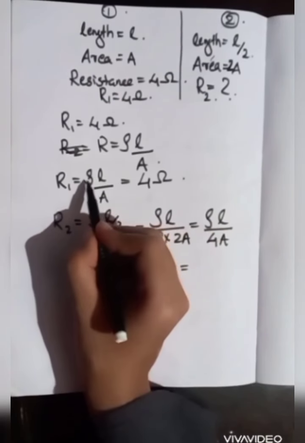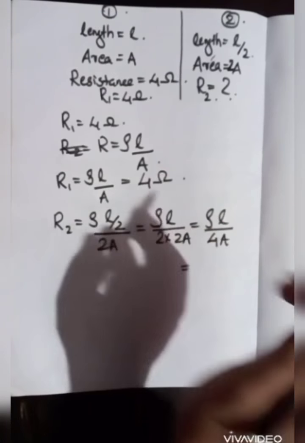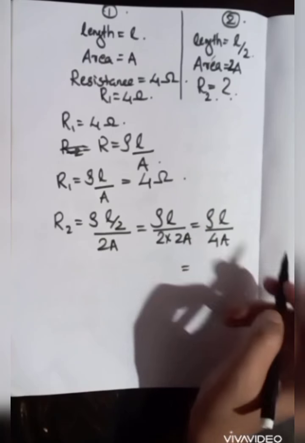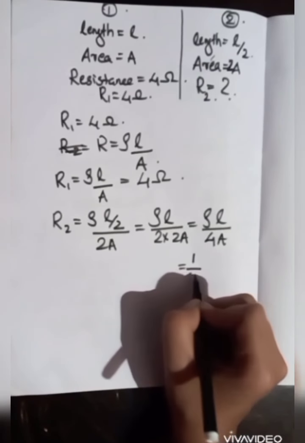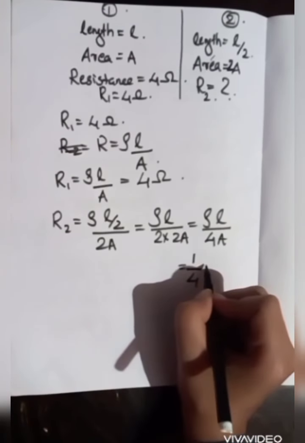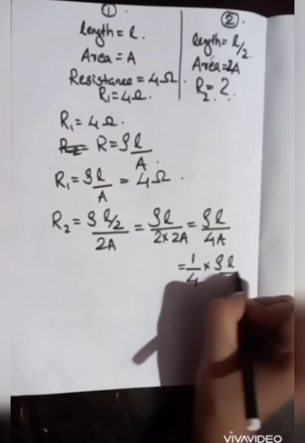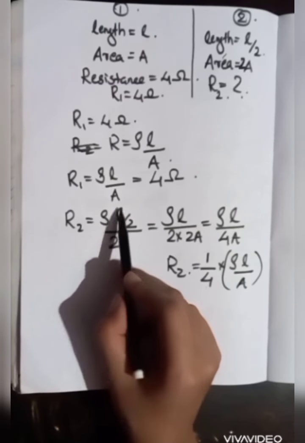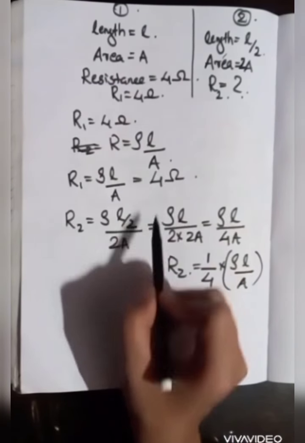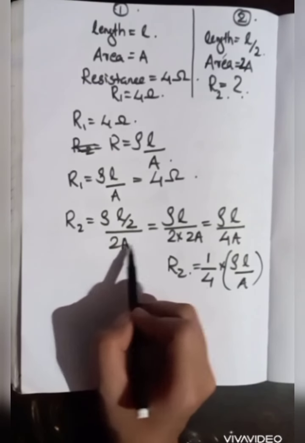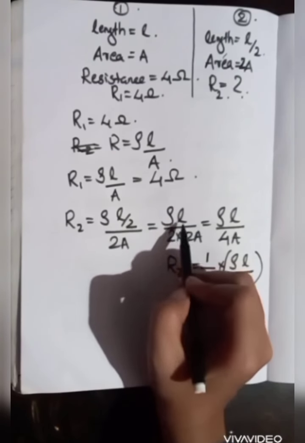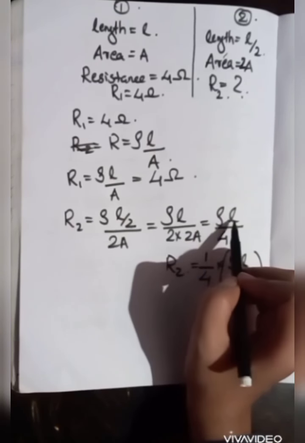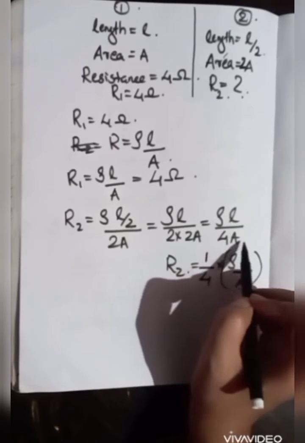We already said that rho L by A is 4 ohm. From this we separate it, and we can write R2 as 1 by 4 into rho L by A. Is it correct? Here the length is halved, L by 2, and the area of cross section is doubled, 2A, so rho into L by 2 into 2A is rho into L by 4A.